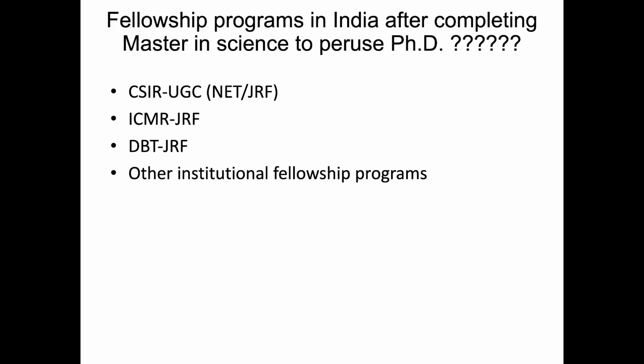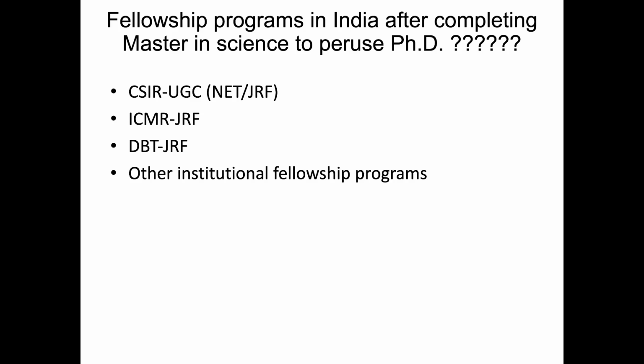This video is for those students who are about to complete their master's degree program and want to pursue PhD as their career option. And as we know, to get admission in PhD in different institutes all over India, the very first requirement is that you should have a fellowship in your hands to apply for a PhD program in any institution.